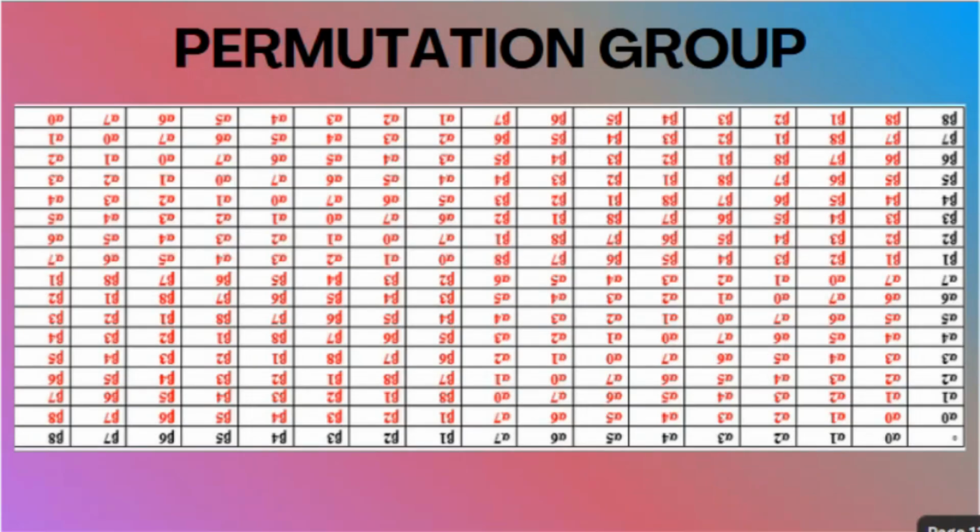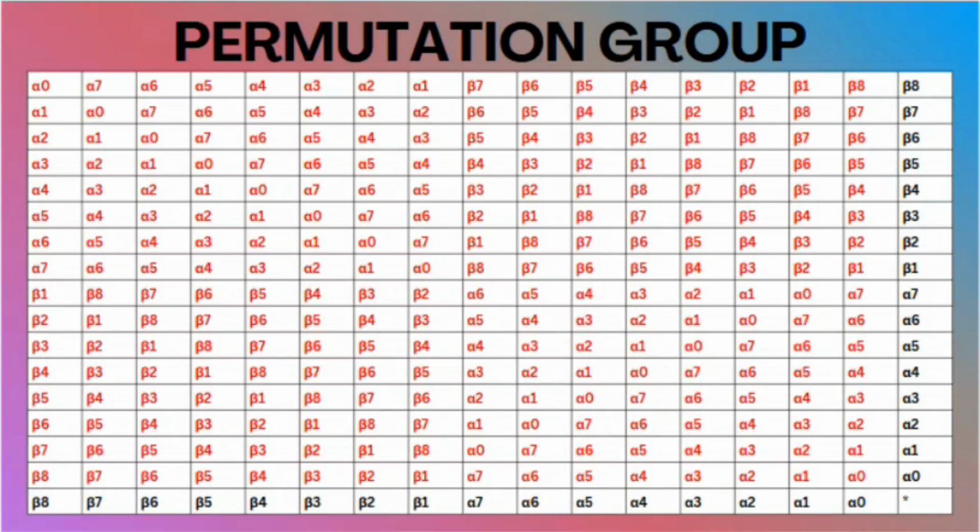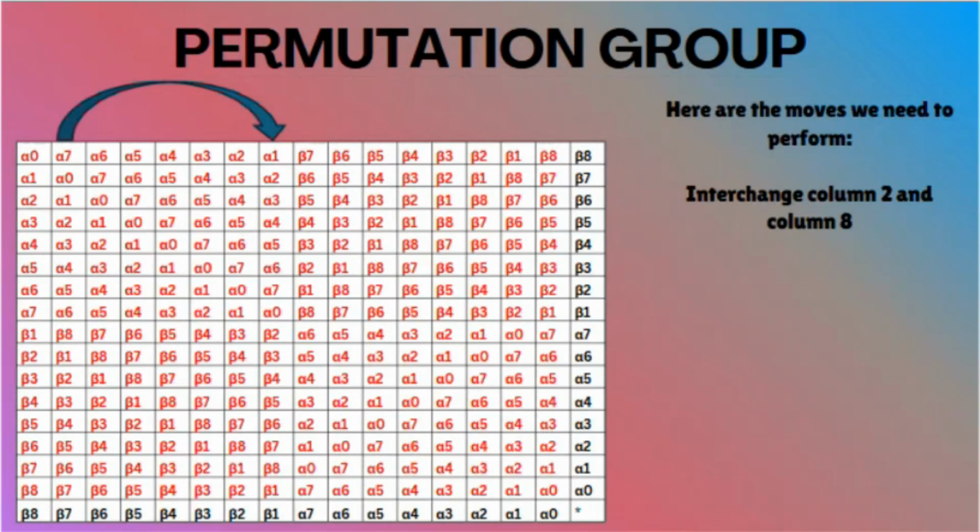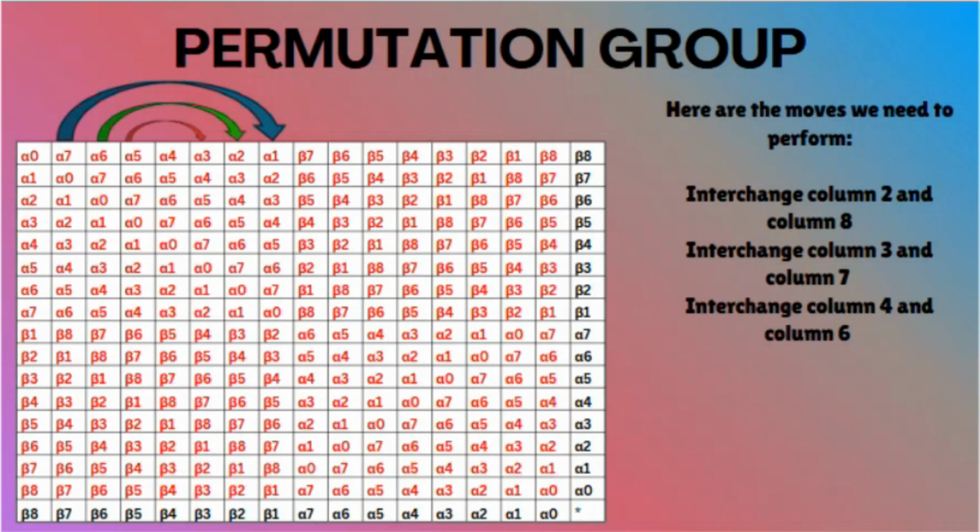For better illustration, here is the rotated table or permutation group. We need to make the necessary changes to columns and rows so that it will be the same as our original table. For the first one, we need to interchange column 2 and 8. Next, interchange column 3 and 7. Next, column 4 and 6.